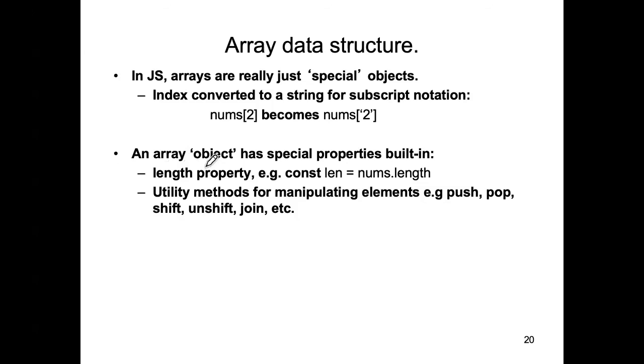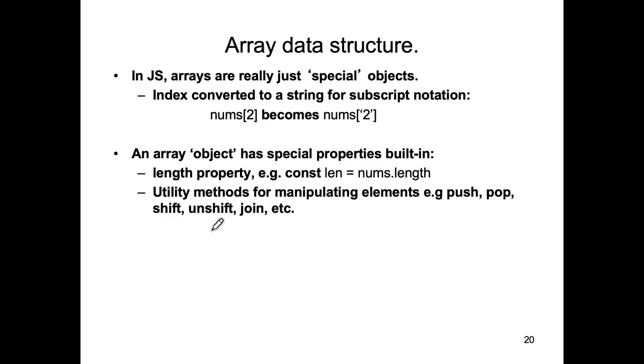You can add elements to the end of the array or to the head of the array. We call these utility methods: push, pop, shift, and unshift allow us to add and remove elements from an array, which is something we typically want to do. These are just extra methods or properties, strictly speaking, that are available to us in an array structure.